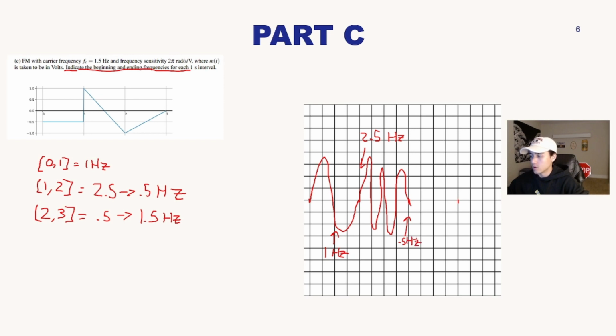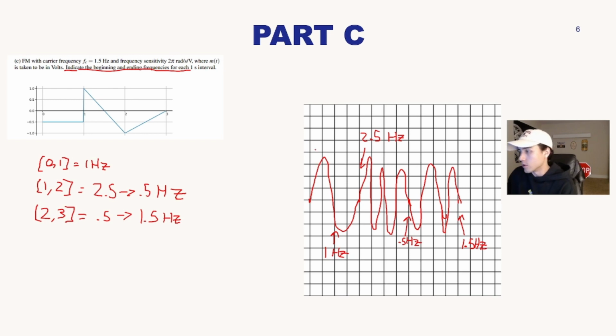It's hard to draw with a computer. And then from 0.5 hertz, we go to 1.5 hertz. So from 2 to 3, we go from 0.5, which should be increasing. So here, we have 1.5 hertz.